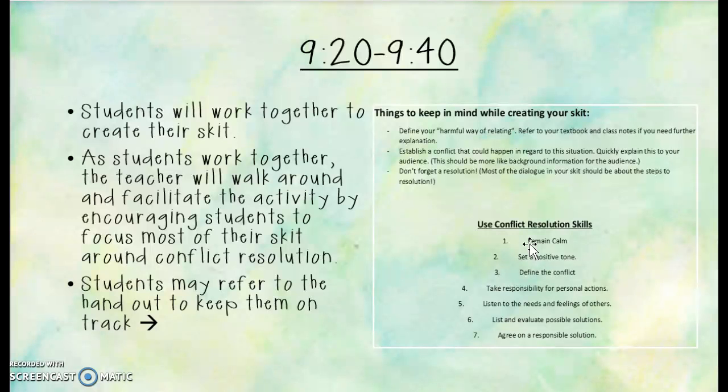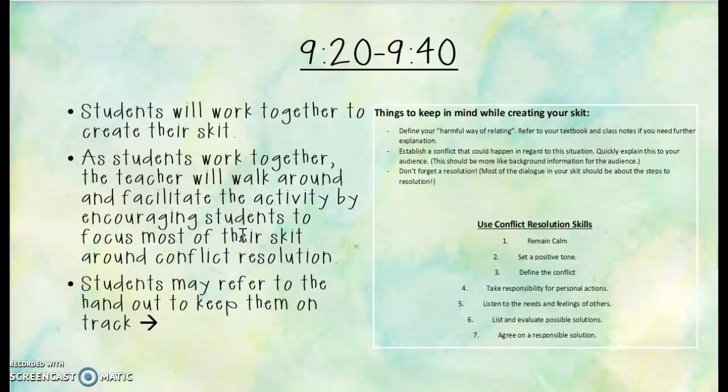I'll also remind students that they should focus more on the resolution in their skit instead of setting up the conflict. The conflict could just serve more as backstory.